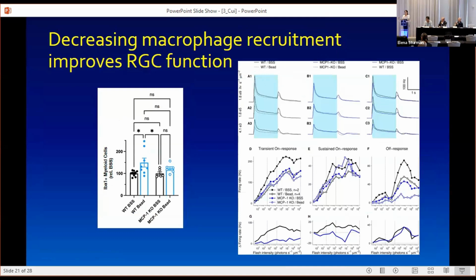Further, as you might expect, based on the fact that MCP1 is a potent chemokine, the number of IBA1 positive myeloid cells was also not elevated after intraocular pressure elevation in the MCP1 knockout animals compared to the wild type. And finally, in addition to structural preservation, MCP1 knockouts also had relatively functional preservation of RGCs.